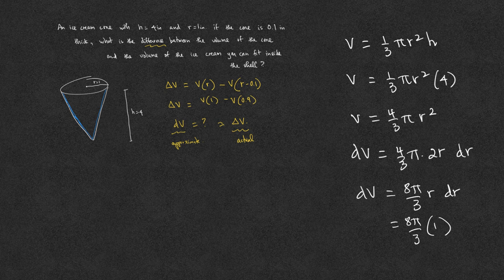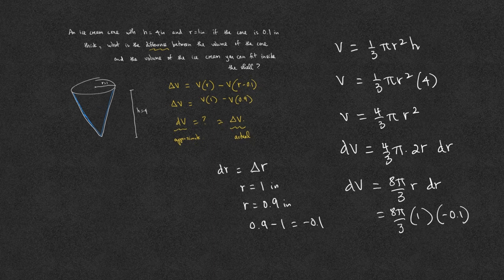For dr, the change in the radius: the radius goes from 1 inch to 0.9 inches, and so the radius is 1. The delta r or dr is negative 0.1, the ending radius minus the beginning radius, so this is negative 0.1.